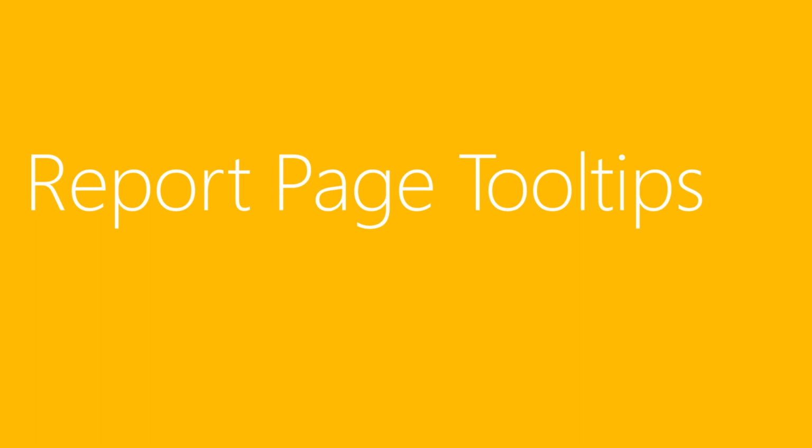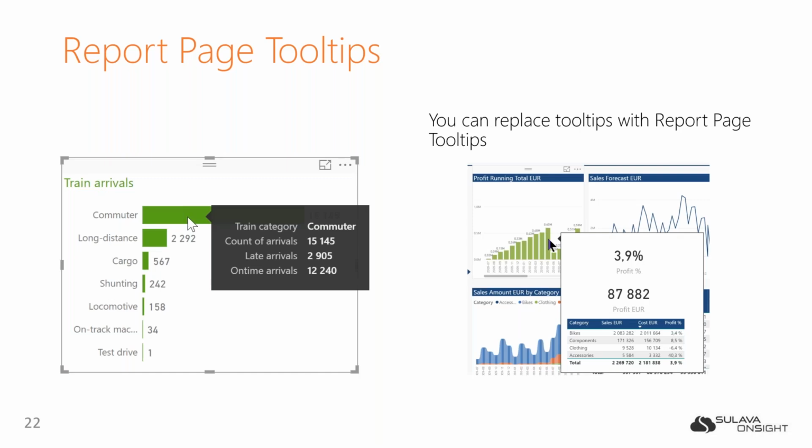And one is this report page tooltip. It's really simple and easy to use, but while giving trainings, I still see that there are quite a lot of users or report developers who actually haven't noticed or used these tooltips at all. What does it mean? It means that, of course, we can always have these black tooltips.